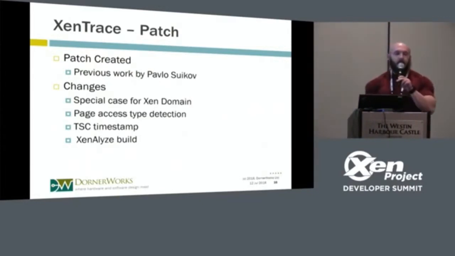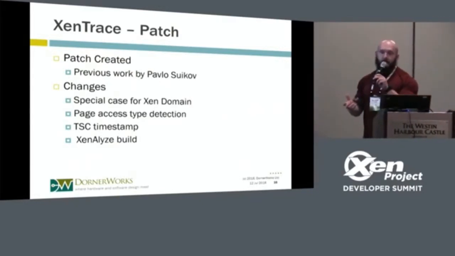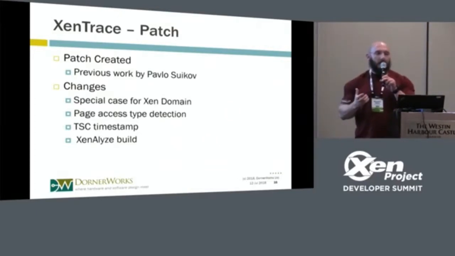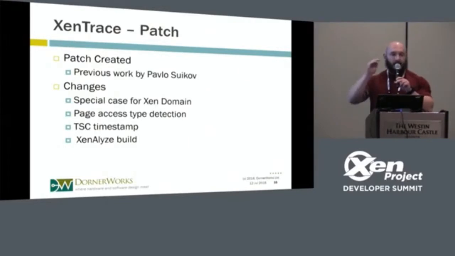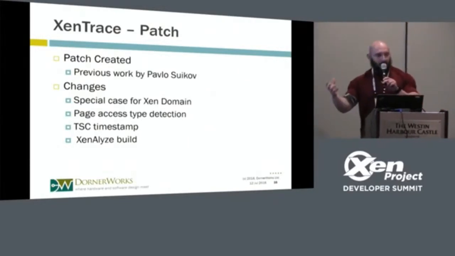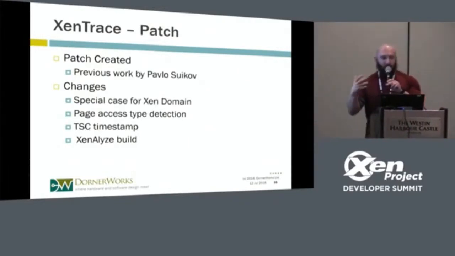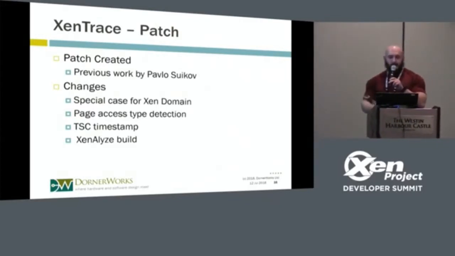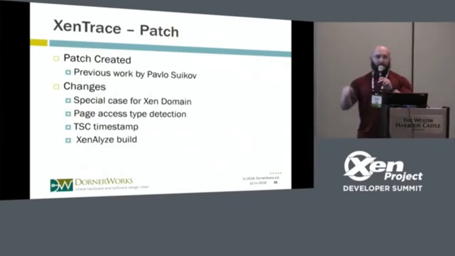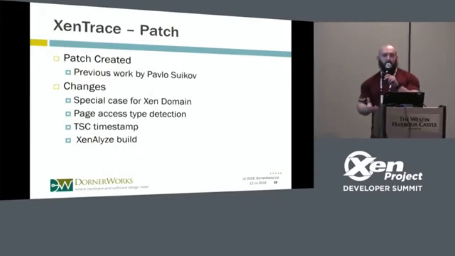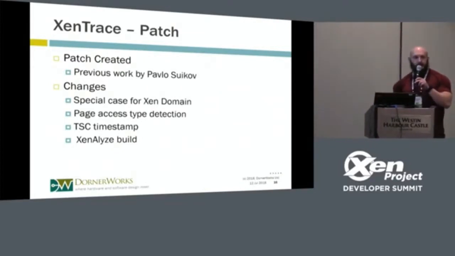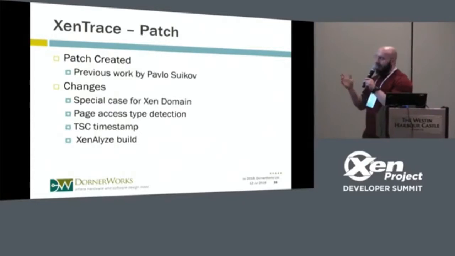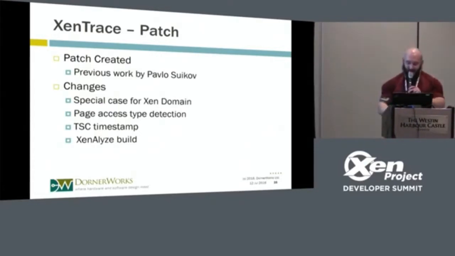We created a special case for the Xen domain: when Xen-Trace allocates memory for the Xen domain, we handle that translation separately, allocate the pages separately, and return the memory to Xen-Trace, getting around the fact that its memory mapping isn't working correctly on the ARM model. We also implemented the TSC timestamp, getting it straight from the hardware clock running at 100 megahertz, and we made Xen-Elize start building again.